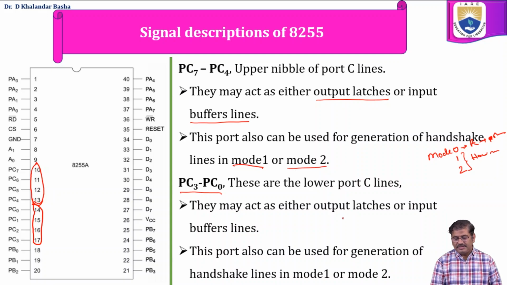These may act as either output latches or input lines, same as the upper port C bits. These ports can be used for generation of handshake signals in mode 1 and mode 2. Next we will see the next inputs.